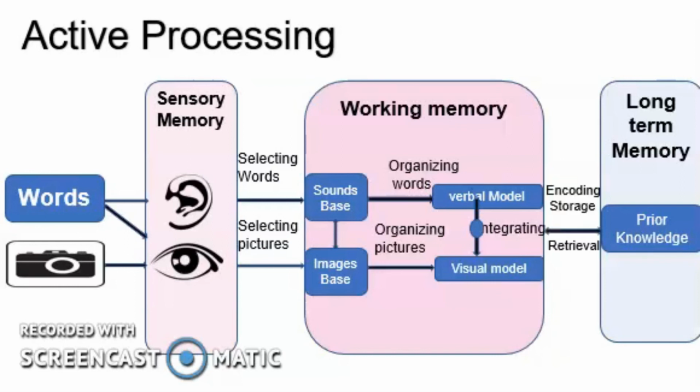The scaffold from the prior knowledge integrates all of this information together to store it and save it in the long-term memory for long-term usage. So this is how the active processing takes place.